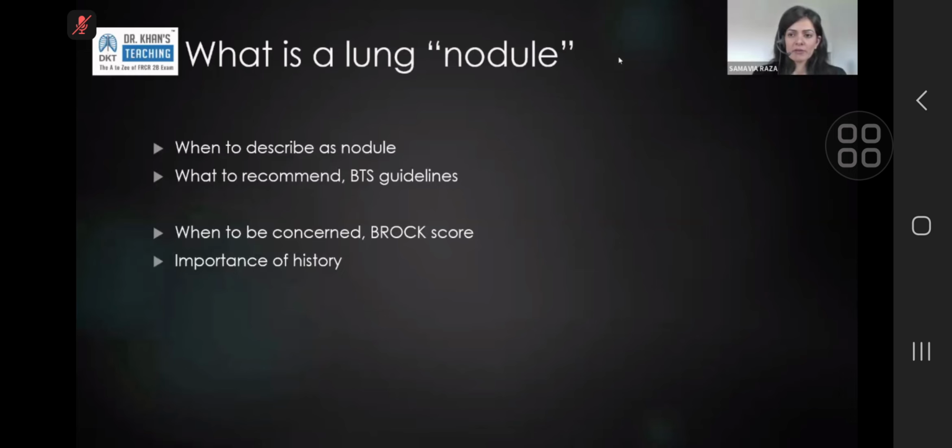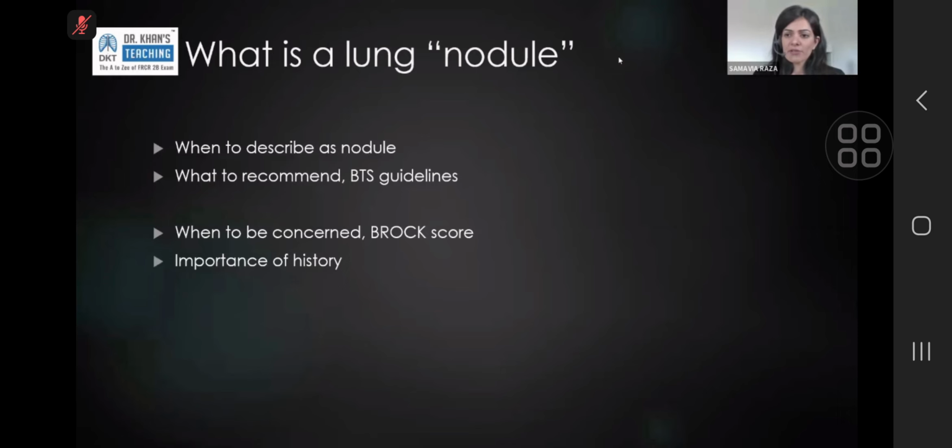You should know when to describe it as a nodule and the morphology that you can dismiss, the morphology that is clearly benign. You should be confident enough to dismiss it, not overcall nodules, and not generate unnecessary referrals. Similarly, your eye should be good enough to pick out when a nodule is actually a real nodule, or more importantly, when it has clearly suspicious features.